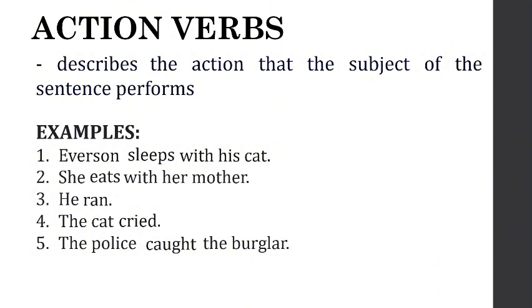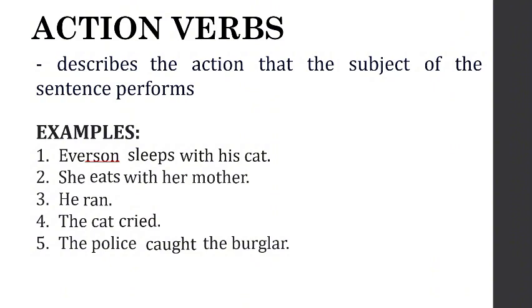We have here several examples. Look at the first one: Emerson sleeps with his cat. You've already learned in the lesson about the uses of nouns that a noun used as a subject answers who or what is being talked about in the sentence. Who is being talked about here?